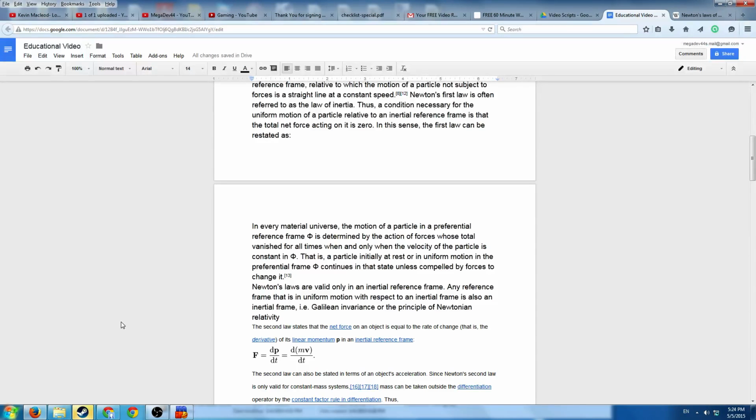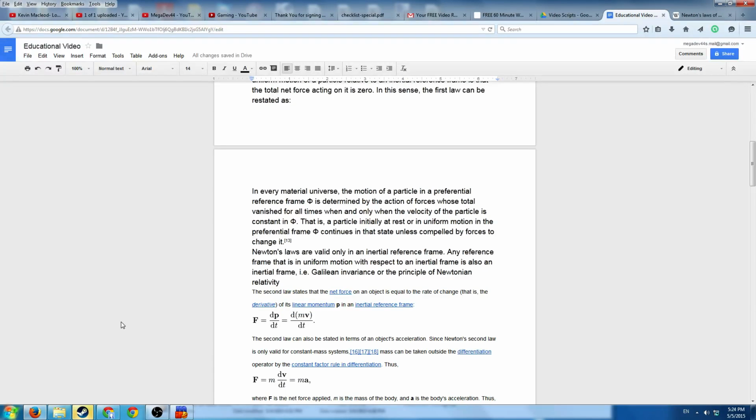The second law can also be stated in terms of the object's acceleration. Since Newton's second law is only valid for constant mass systems, mass can be taken outside the differentiation operator by the constant factor rule in differentiation.